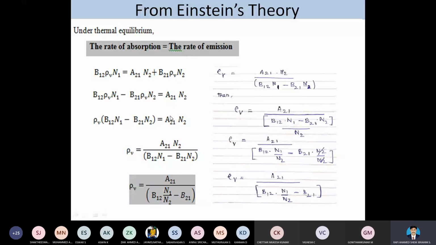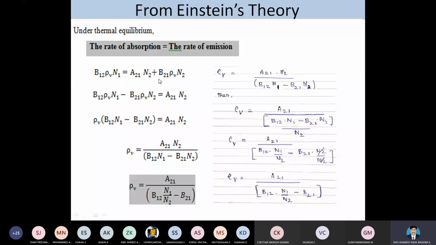No change. So from this condition, we are going to find the density, that is rho V. So the density rho V is equal to A21 N2 divided by B12 N1 minus B21 N2. So these are all the basic mathematical steps. You have to know the values.